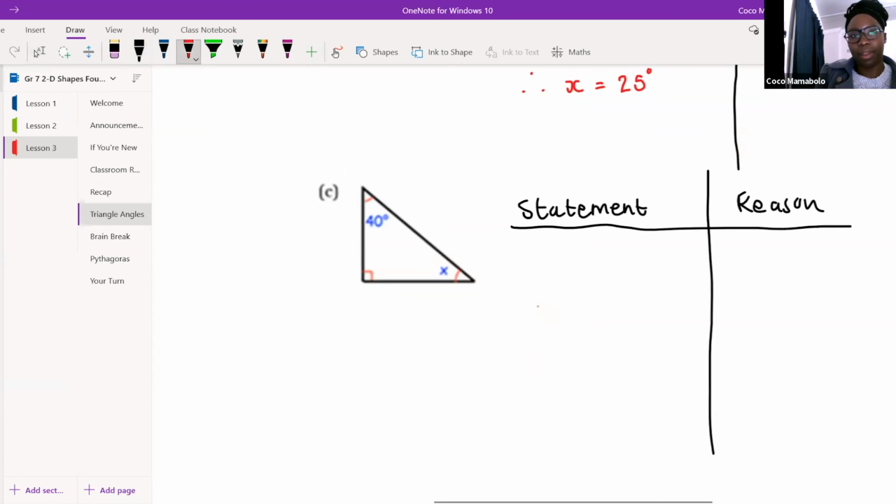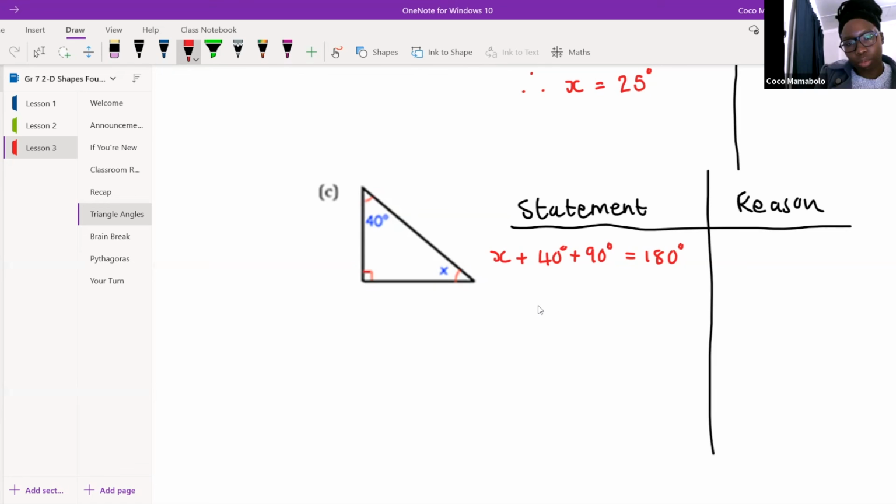All right, are we ready for my statement? Yes. Okay, excellent. The statement is x plus 40 degrees plus 90 degrees equals 180 degrees. Excellent. Where did you get this 90 degrees from, Masbonge? I calculated 40 plus 90 and I got 50, I think.